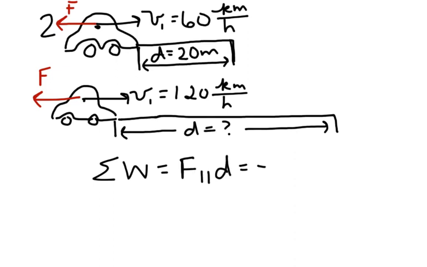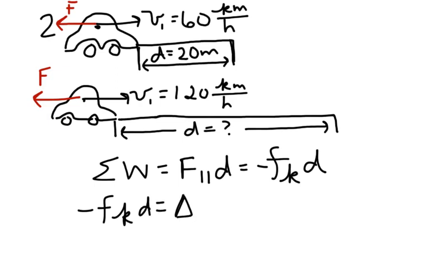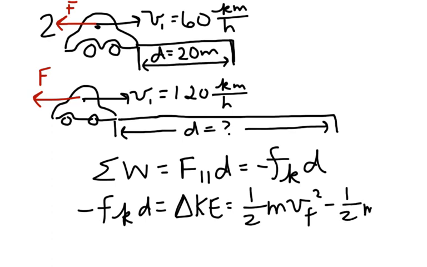And we're going to call this the kinetic frictional force, which is in the opposite direction to the displacement, so we put in a negative sign. We also know that this net work value is equal to the change in kinetic energy, which is 1/2 mv final squared minus 1/2 mv initial squared. Now the car comes to a stop.